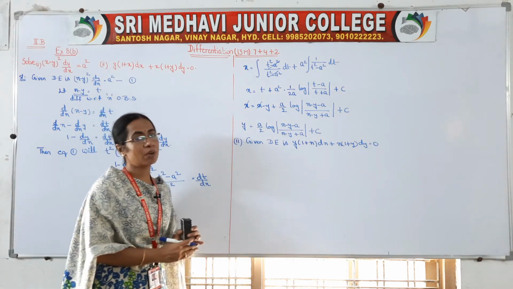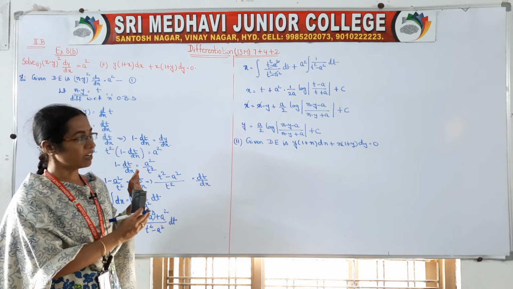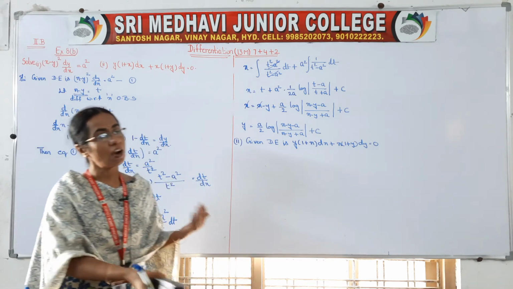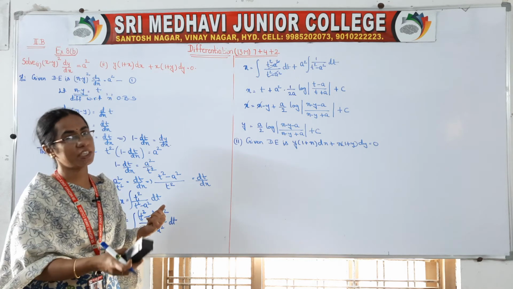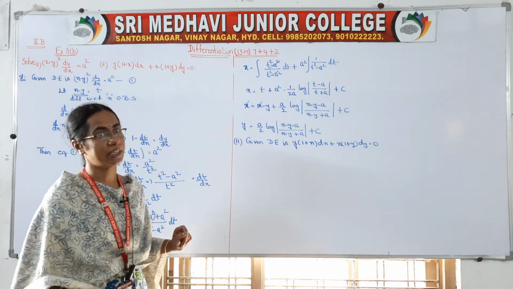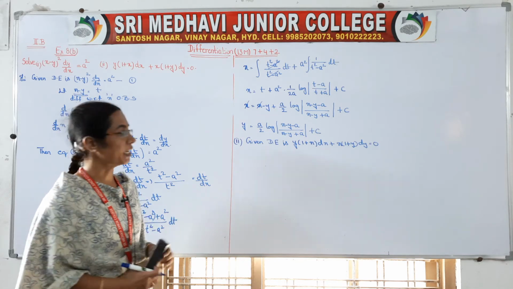Generally in all the problems, we will keep the dy terms on this side and send the other term to that side. After that, all the y terms along with dy, all the x terms along with dx. That is the procedure. We have to separate the variables.